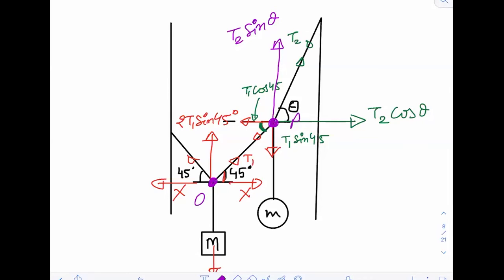Okay, I'm going on to the next question. For point O and point P, write down the two equations along the x-axis and along the y-axis. You will get the solution for this.